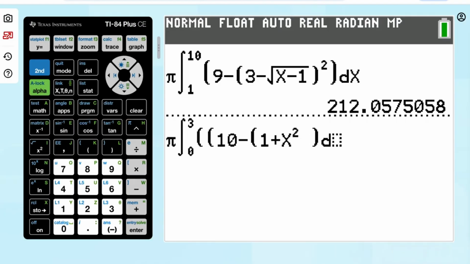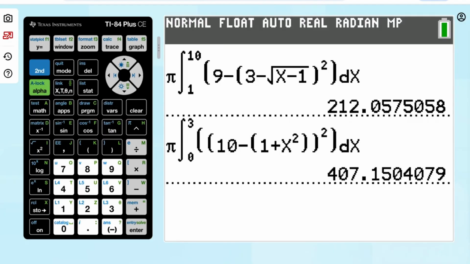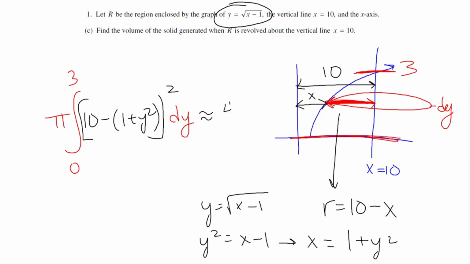We're just going to use x squared here. Close the parenthesis on the 1 plus x squared and the 10 minus 1 plus x squared. Now that we have our whole radius in parentheses, we'll square it. We'll throw our dx out at the end, and we get 407.150. And that is our final answer.